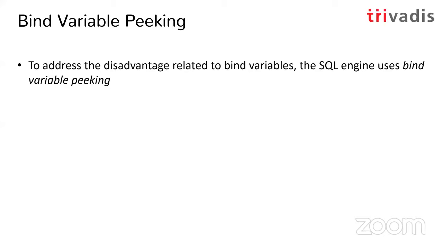It gets the value, and so it can parse the statement as if the bind variable didn't exist, because Oracle knows the value.